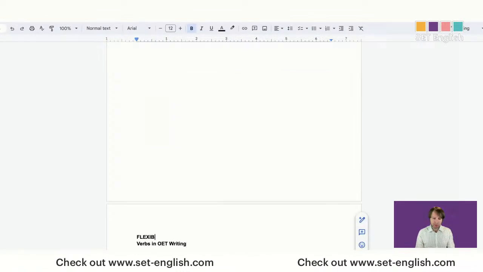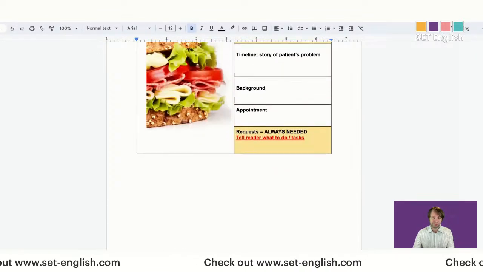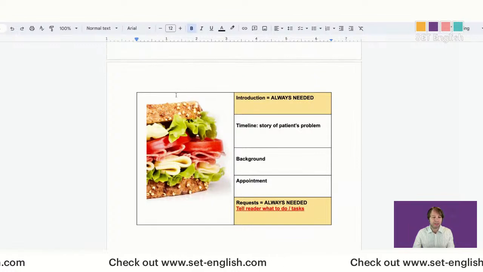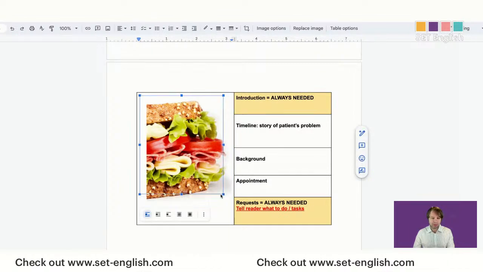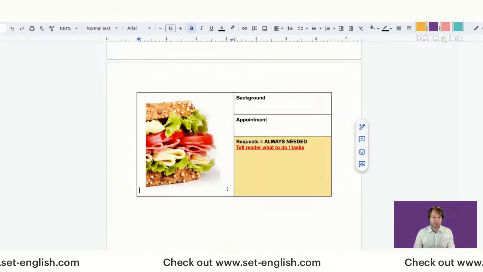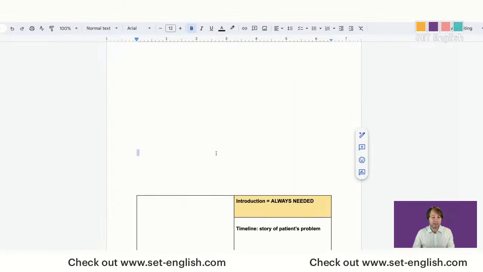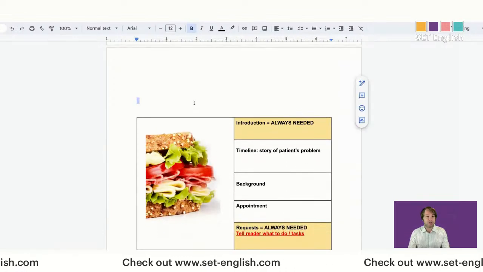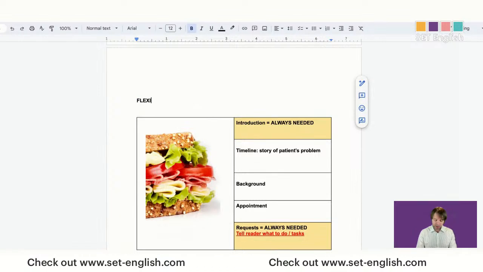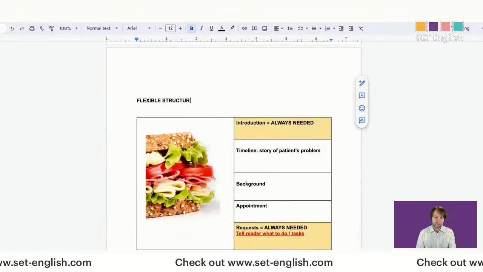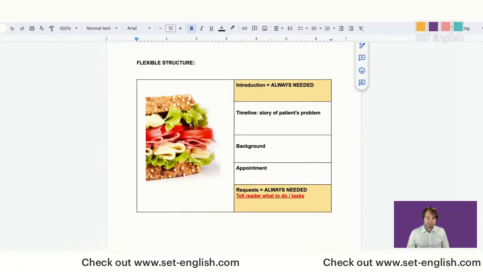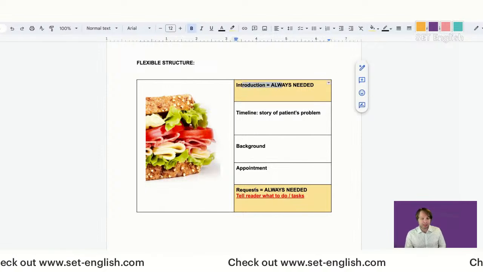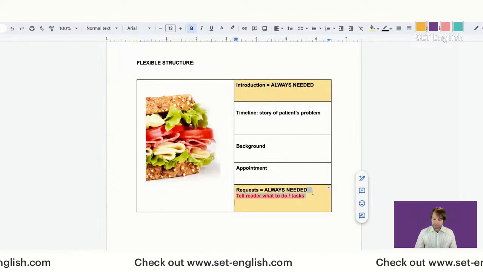This structure can be flexible. And that's what we need in OET, right, guys? We need to have flexibility in OET. You can't just do the same thing all the time. So this is a flexible structure. You've got your bread, and inside you do what you've got to do, okay?